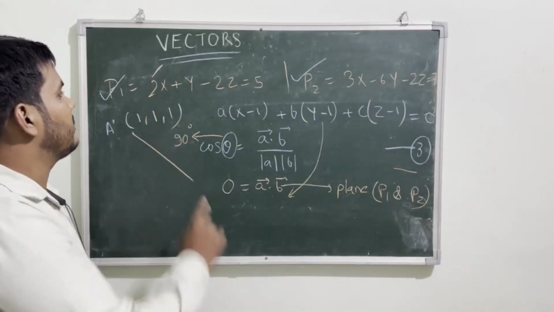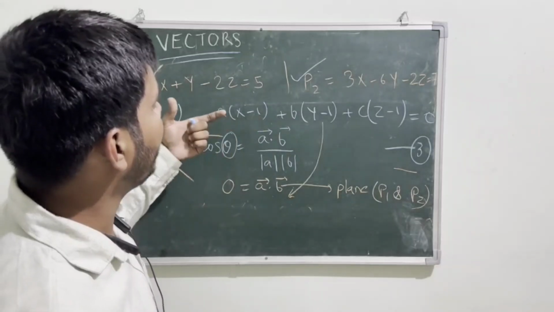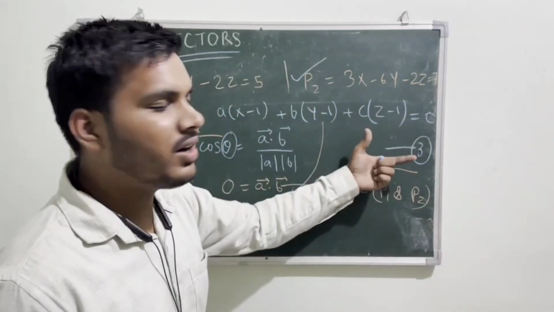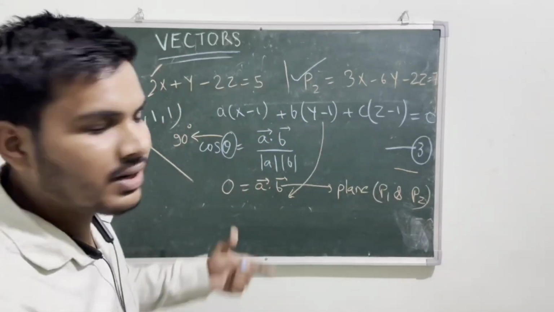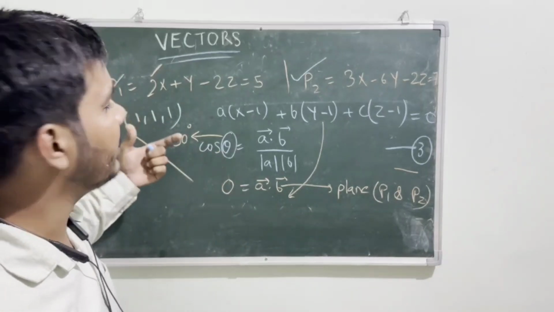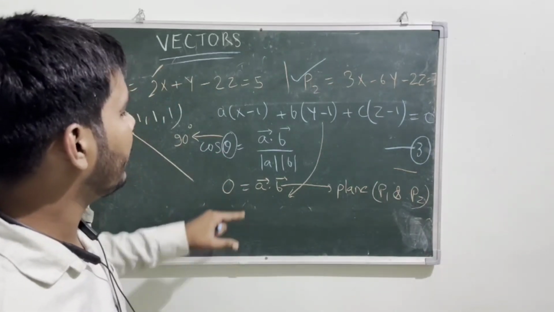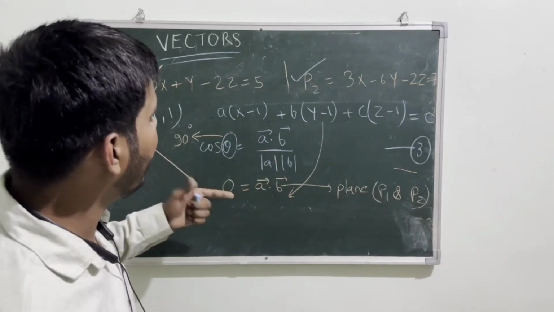Since we have two planes, P1 and P2, and the third plane that we have already derived as a(x minus 1) plus b(y minus 1) plus c(z minus 1) is equal to 0, this is the third equation. We generally know that cos theta is equal to a vector multiplied by b vector divided by magnitude of a, magnitude of b. Since the two planes are perpendicular to the third plane, theta will be 90 degrees. So we have to equate the dot product of a vector and b vector to 0.